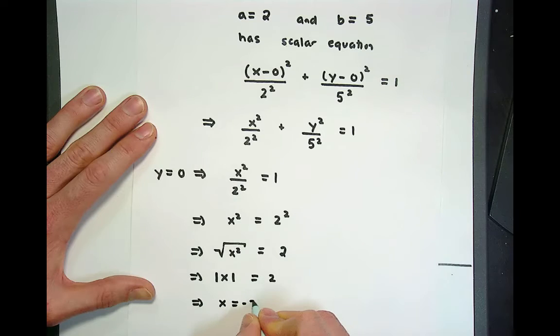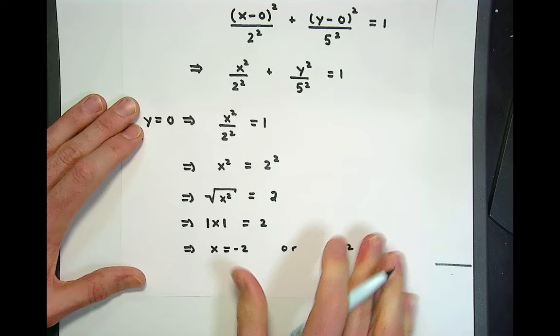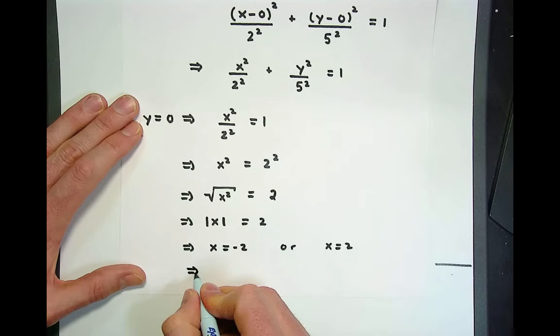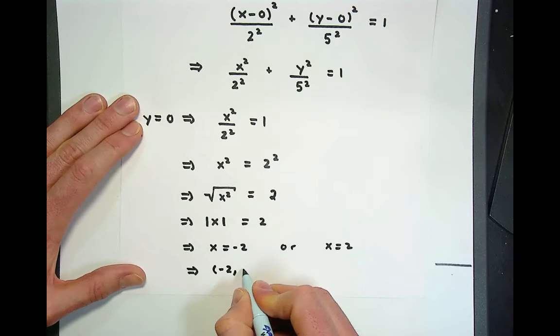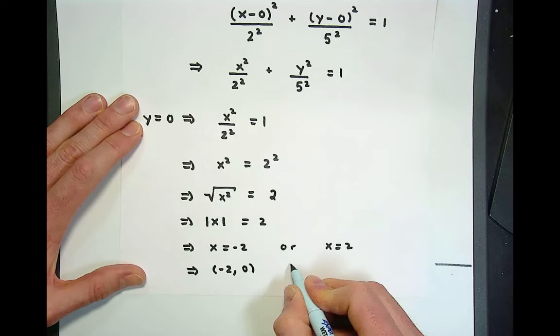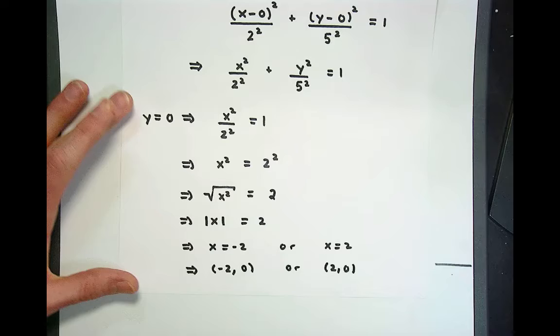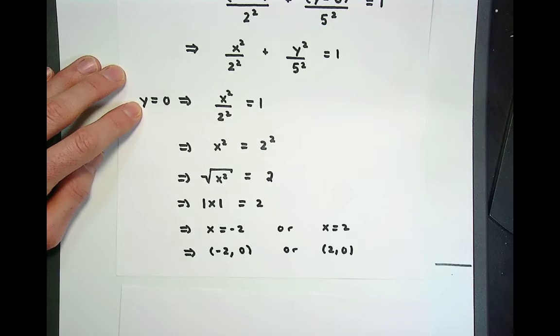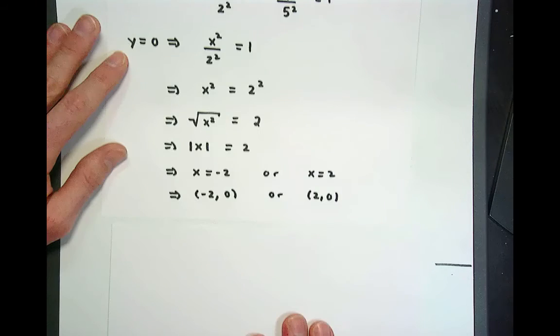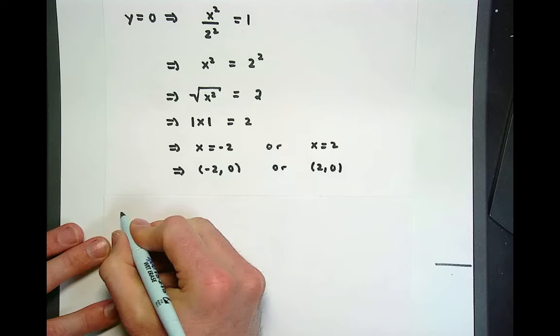And then we have two cases. Either x is negative 2 or x is 2. Remember that each of these cases corresponds with an ordered pair. Here we have the ordered pair negative 2 comma 0, and here we have the ordered pair 2 comma 0. That's what happens if we move through a horizontal line passing through the origin.